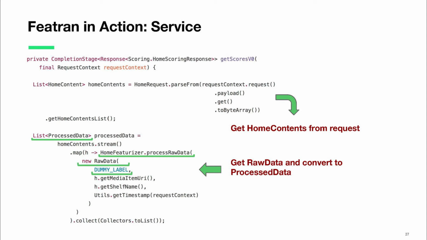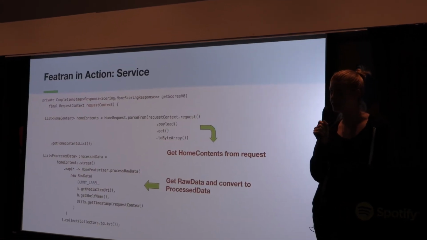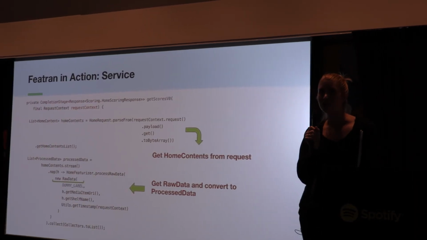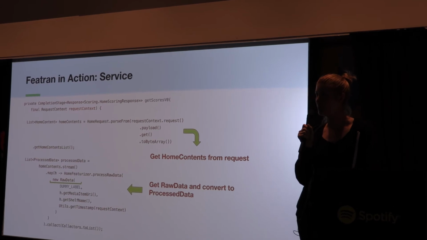All right, so let's take a closer look at the Featran components within this shelf reordering service. Similarly to what was done in the data pipeline, we have to get our data from somewhere, what we actually need to score. In this case, it's coming from the request and the protobuf. And then doing very similar functionality, we get the raw data and convert it to process data. So again, we're using this case class raw data that was defined in our common featurization library.